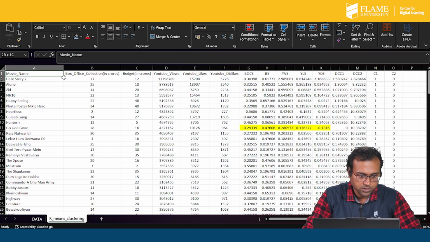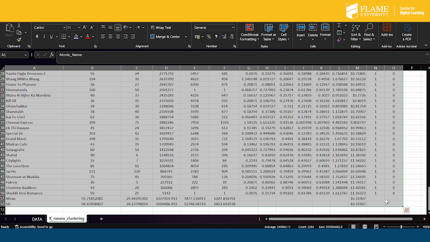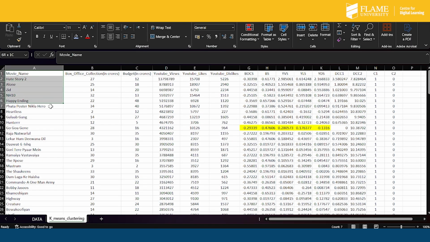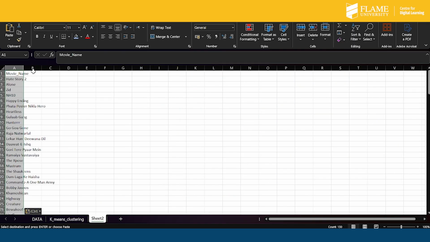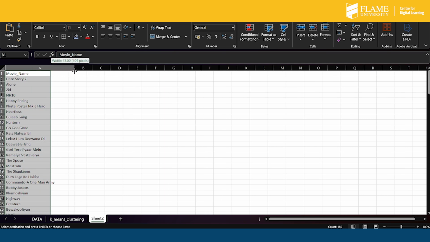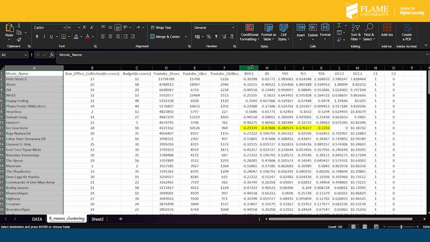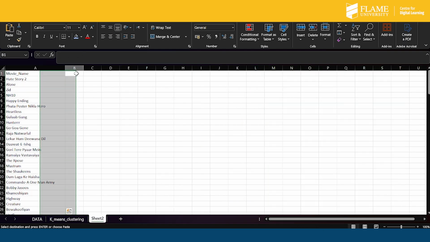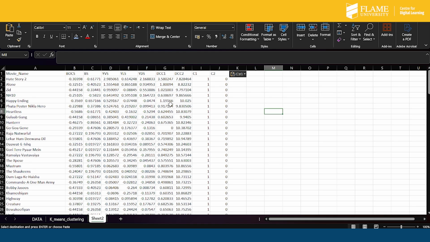Here again I have to just copy this. I only copy this much: your film name, your scaled features and the cluster information. Okay.